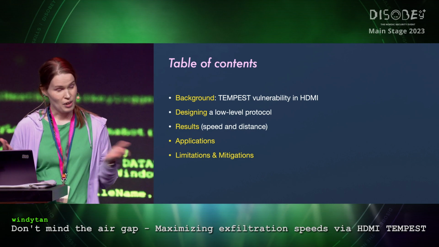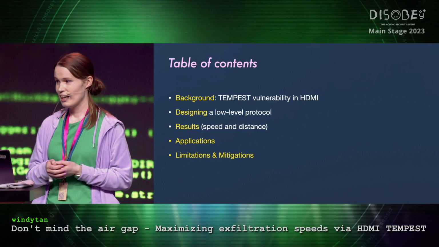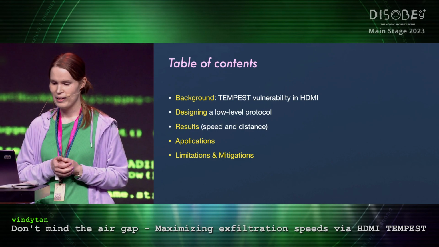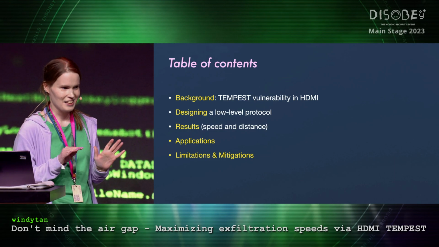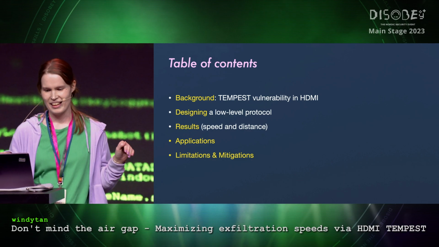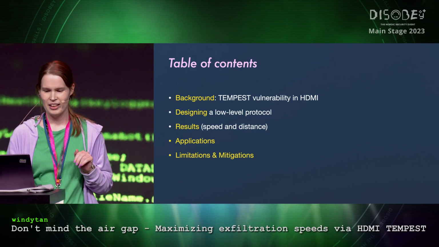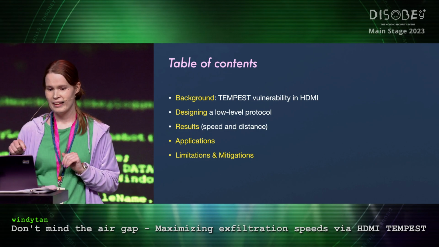I will first give some background about what it is about HDMI that makes it vulnerable to Tempest. And I'll then tell you how I designed a low-level, let's say, unidirectional protocol to transmit information using this vulnerability.